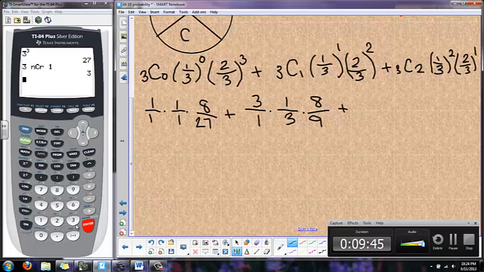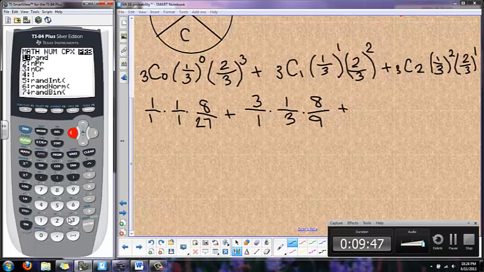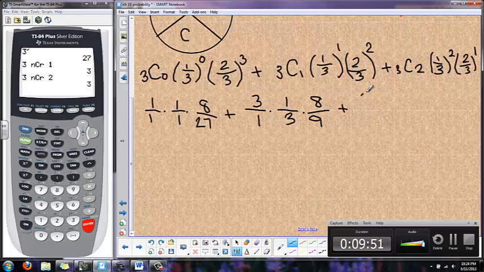Plus 3 choose 2. That's another 3, times 1 squared is 1, 3 squared is 9, anything raised to the first power is itself. And then I can go through and simplify each of these.